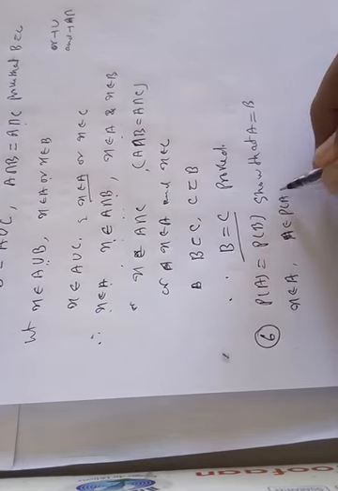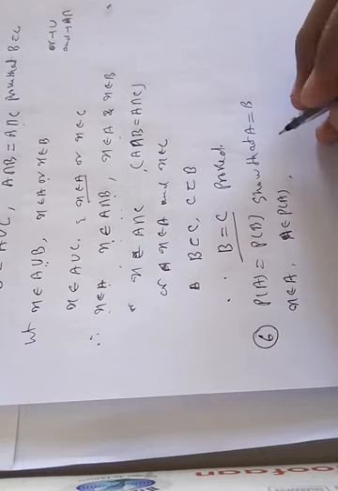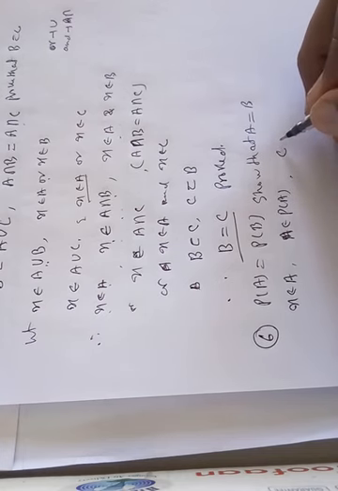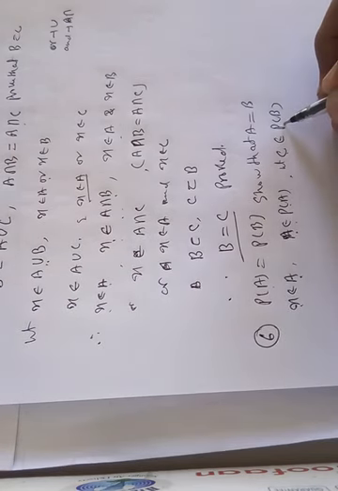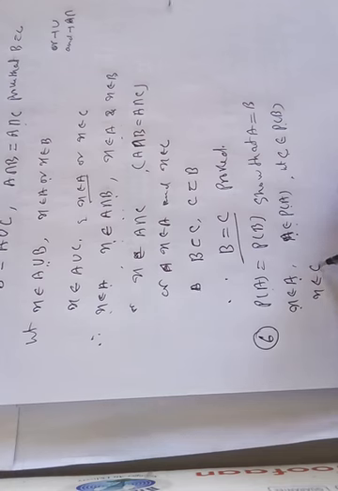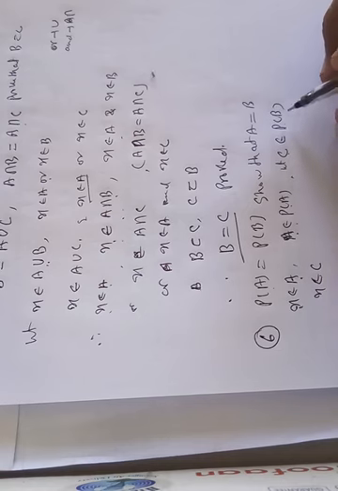And let C belong to P of B. X belongs to A, A belongs to P of A, and C belongs to P of B. Clear? So C belongs to P of B, thus X belongs to C. X belongs to A and C.